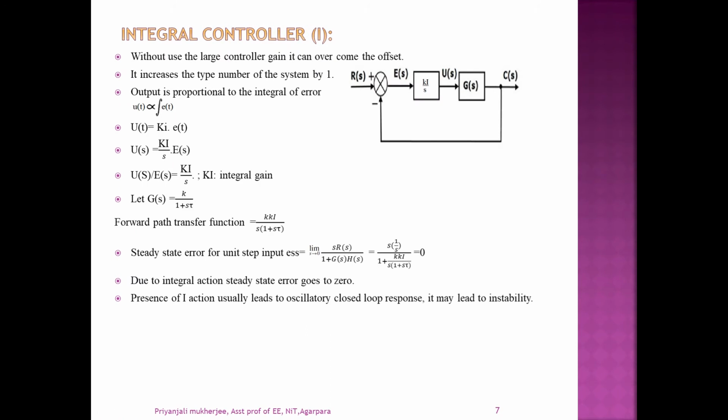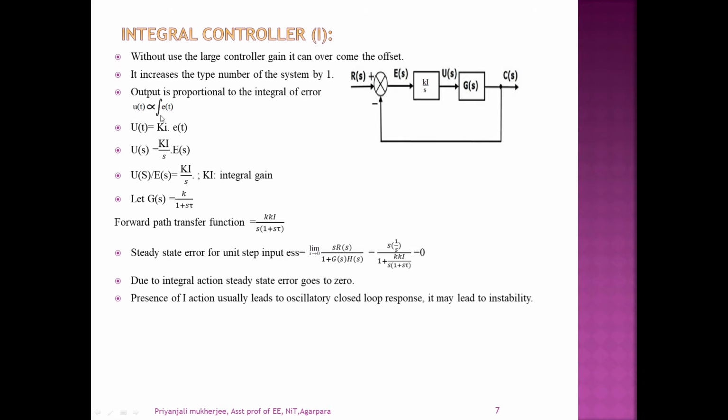In the integral controller, we can eliminate the offset error which was reduced in the proportional controller but couldn't be eliminated. Here the type number is increased because the output is proportional to the integral of the error.